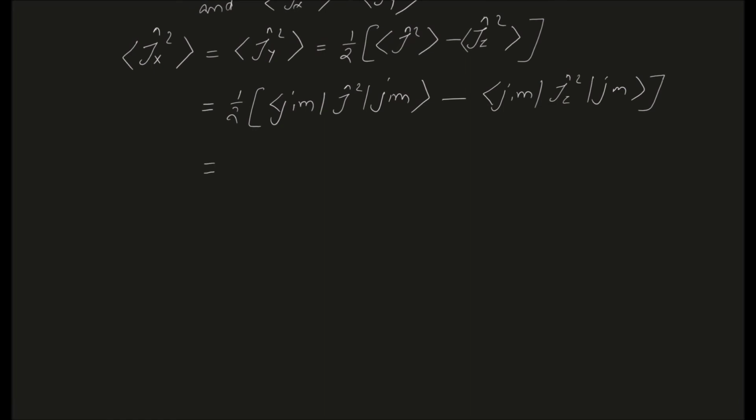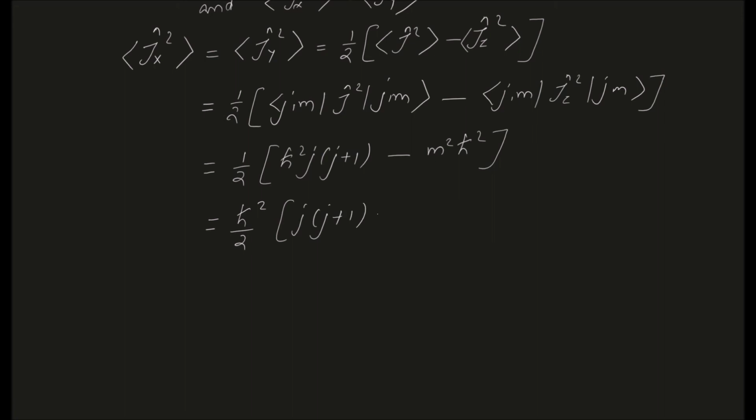This is the same as half of, we know that j² acting on |jm> will give us h cross square j into j plus 1, and jz² will give us m² h cross square, right? So this is h cross square by 2 then j into j plus 1 minus m².